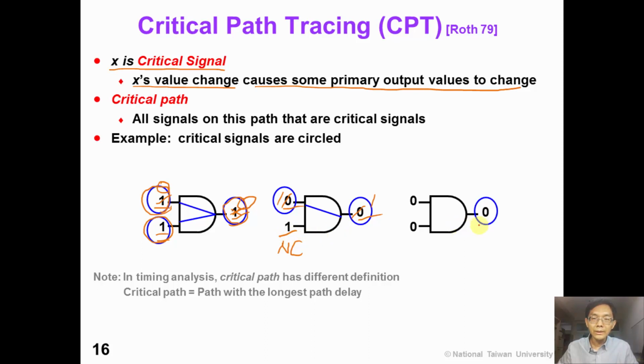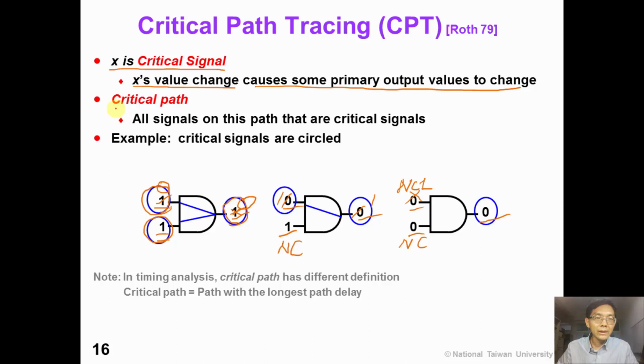Now for the third case, the primary output 0 is critical, but neither of these two gate inputs is critical. Because 0 is a controlling value, even if we flip one of them to 1, the output won't be changed. So both zeros are non-critical.